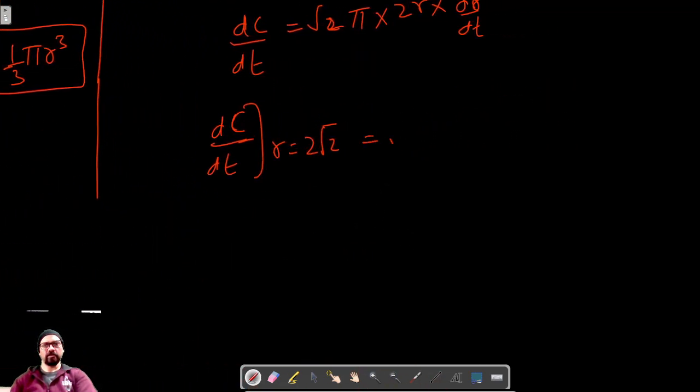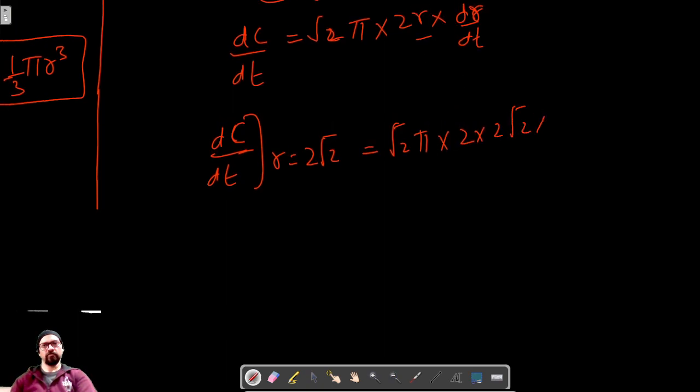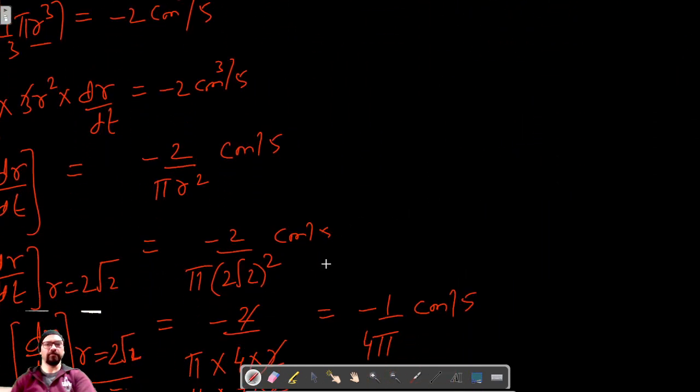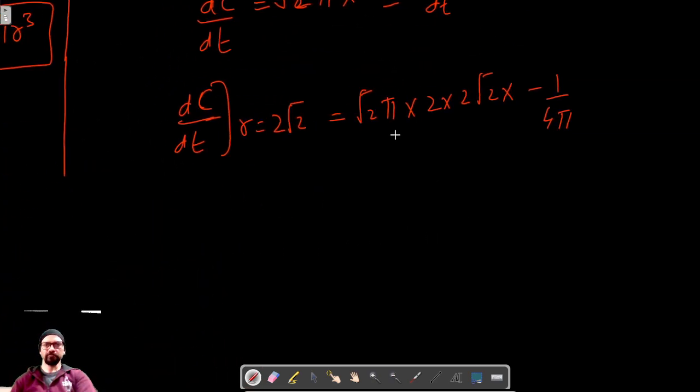So this is now root 2 pi into 2 into r, which is 2 root 2, times minus 1 upon 4 pi.